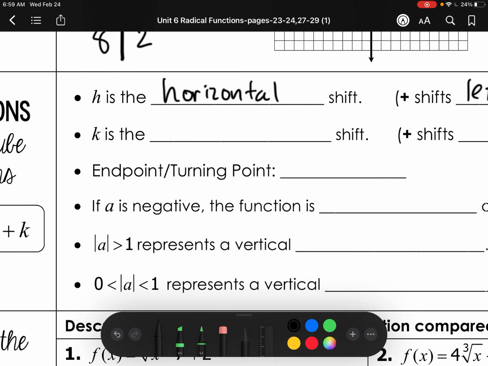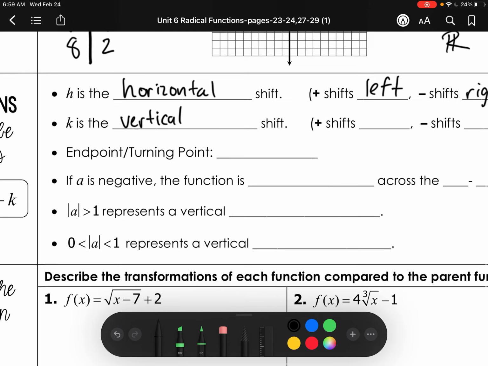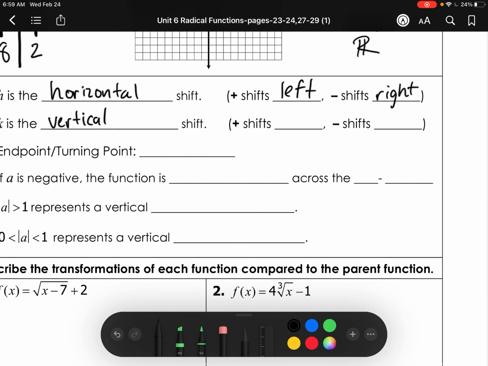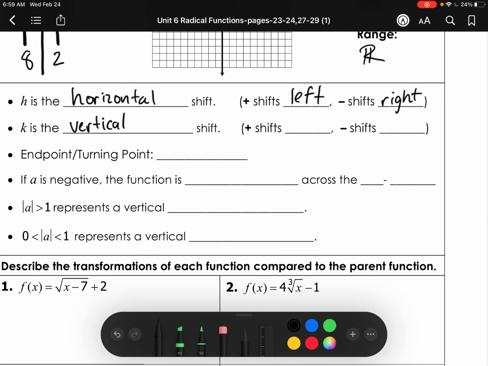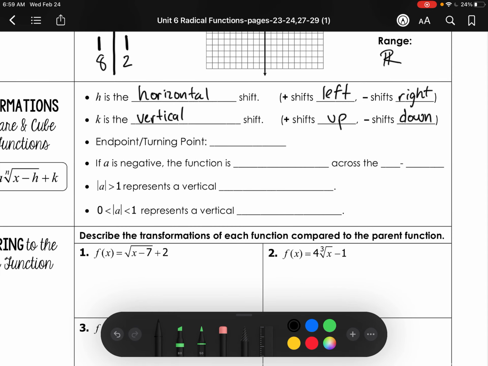Next, k is the vertical translation or vertical shift, right? So if k is positive, we're going to get a shift up. If k is negative, we're going to get a shift down, right? You guys should remember this.